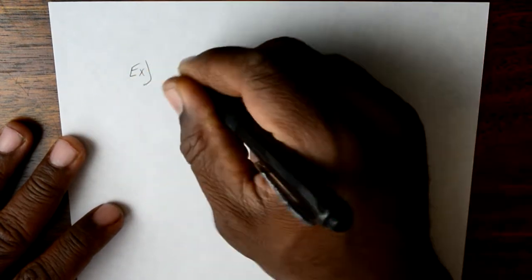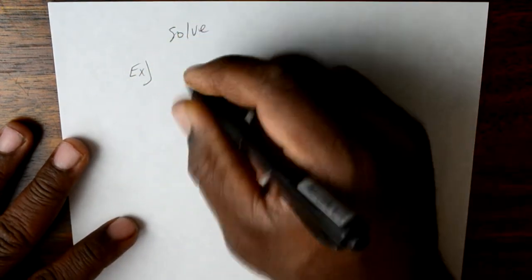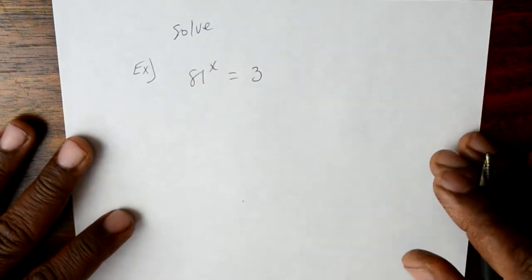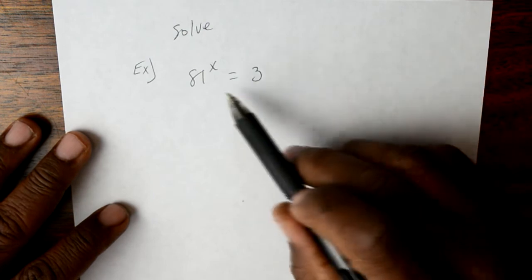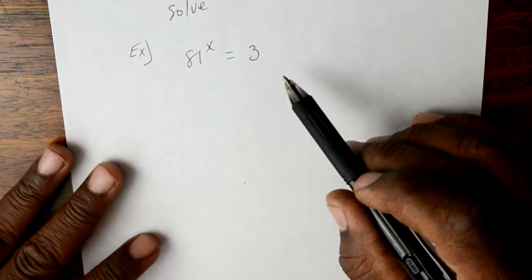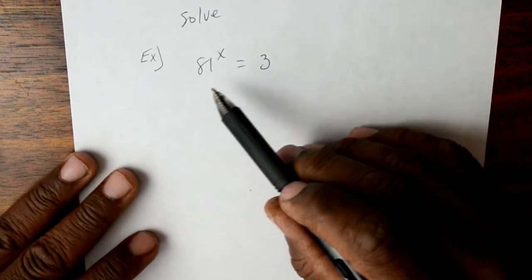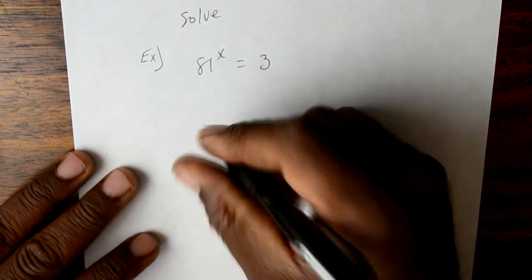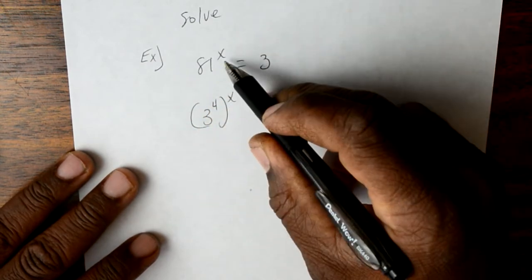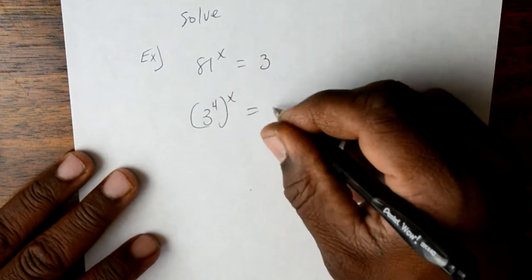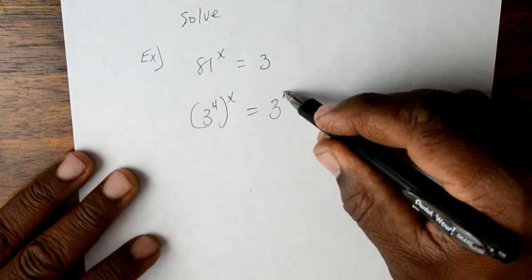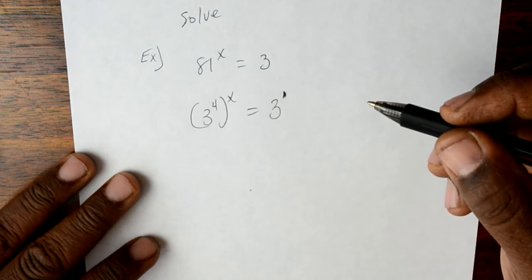In this example, we're asked to solve 81 raised to the power of x equal to 3. My intent here is to rewrite both 81 and 3 as having the same base. We can rewrite 81 as 3 to the 4th power, and we'll raise that to the power of x, and 3 has an understood power of 1, so I'll attach an understood 1 power.